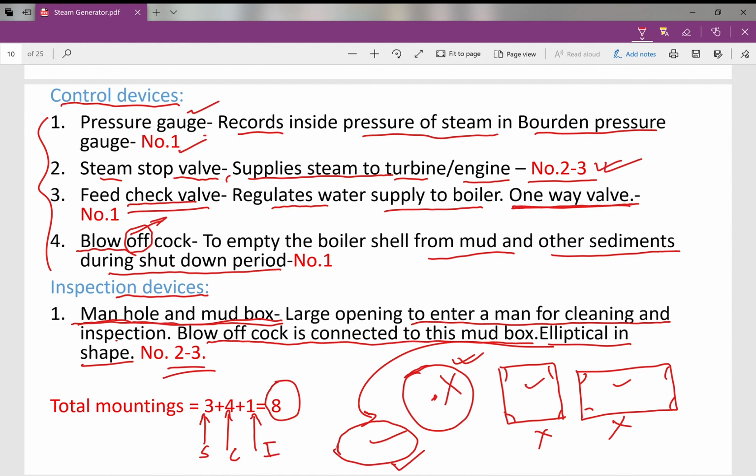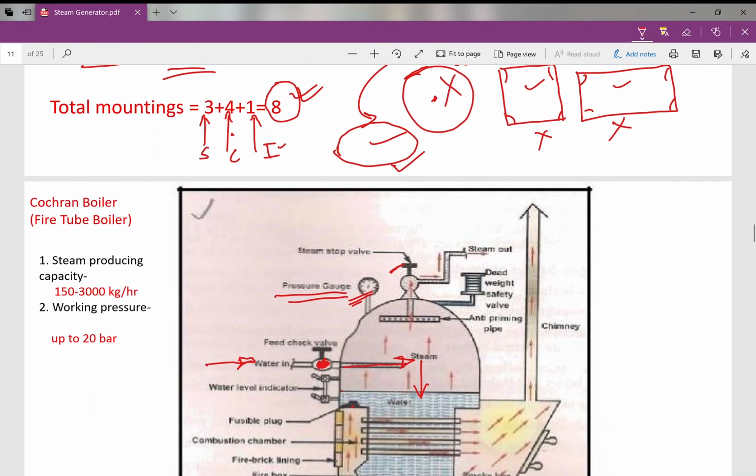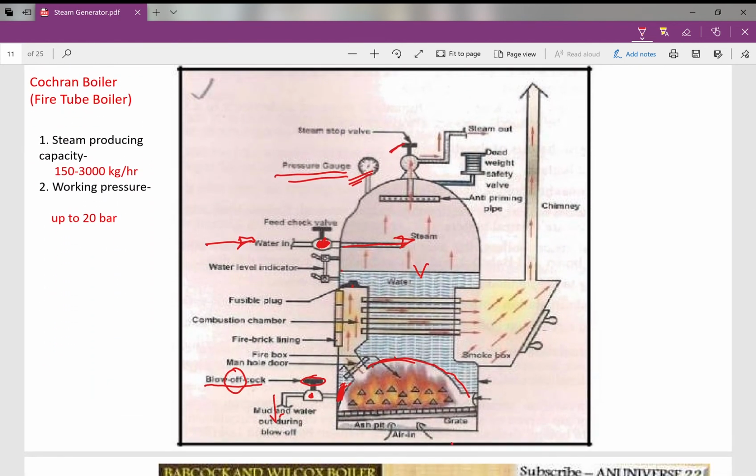Safety 3, control 4 and inspection 1, making 8. So you must remember the total mountings in a boiler is 8. So by dealing with all these, students, you might have gone through the operation of this Cochran boiler.